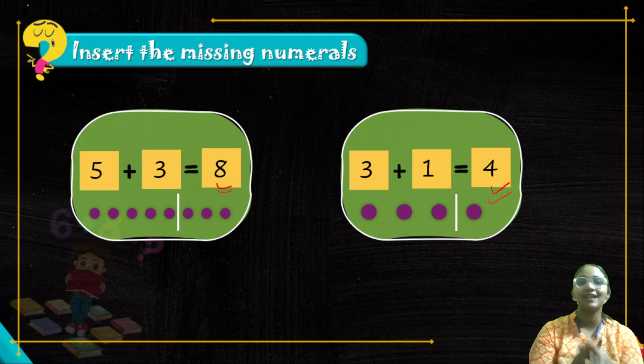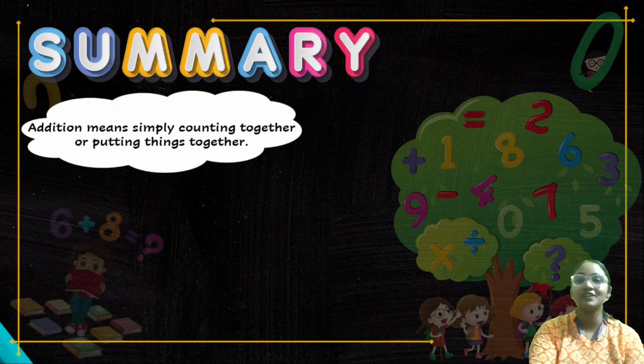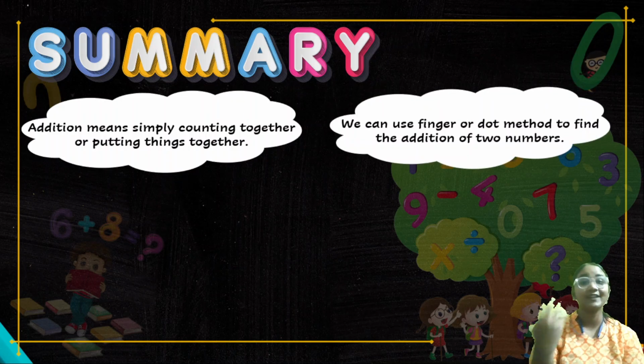Let's quickly summarize whatever we learned in this chapter today. What did we learn, students? We first learned that addition is simply putting things or counting things together, right? We also learned the finger and the dot method. So we used our fingers and dots to calculate the addition of single digit numbers.